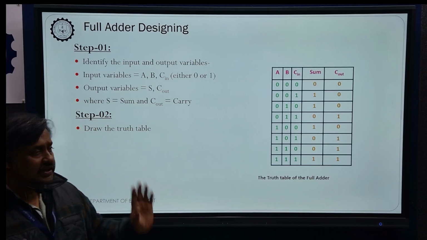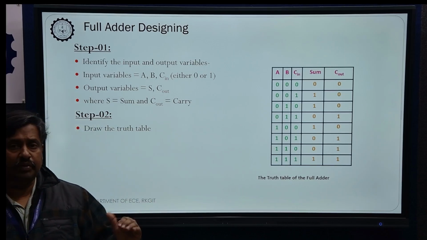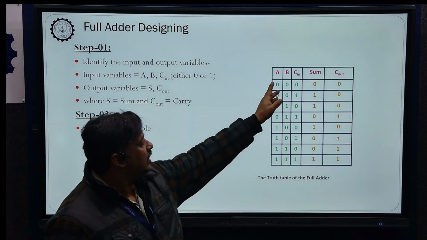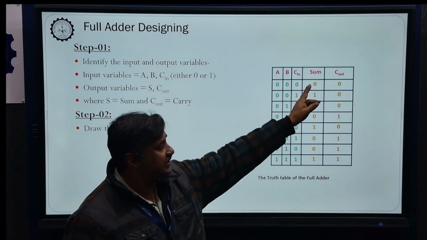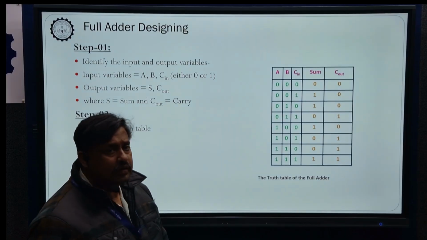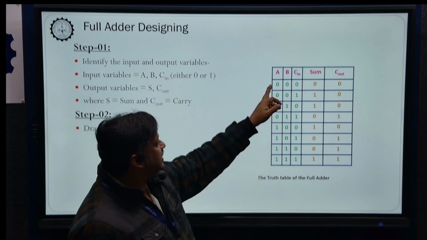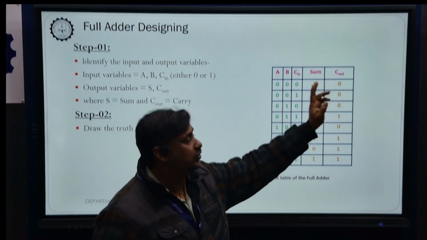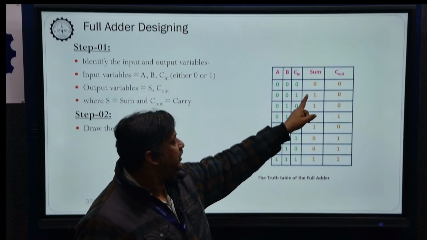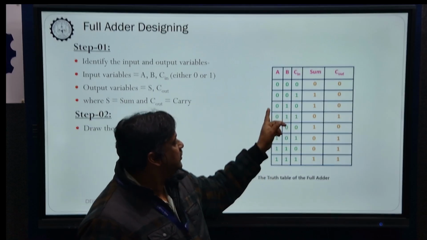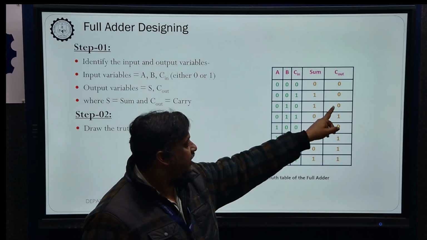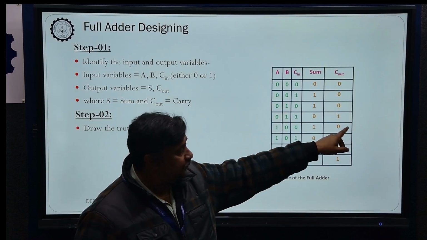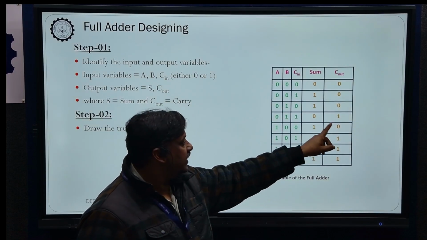Now the second step is the implementation of the truth table. Here we have three inputs A, B, C in, and the outputs are sum and C out. Let me explain the truth table. For 0 0 0, the sum is 0 and carry out is 0. For 0 0 1, sum is 1, carry out is 0. For 0 1 0, the sum is 1, carry 0. For 0 1 1, sum is 0, carry is 1. For 1 0 0, sum is 1, carry 0.